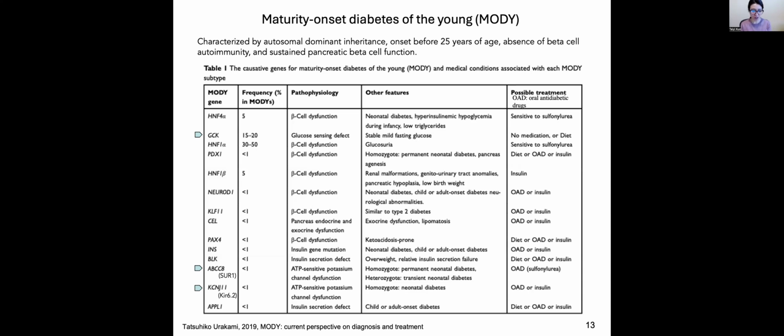So you can imagine if there's a mutation in SUR1 or Kir6.2, it will lead to the ATP-sensitive potassium channel being dysfunctional. Therefore, we would have too much or too little insulin secreted, leading to MODY.